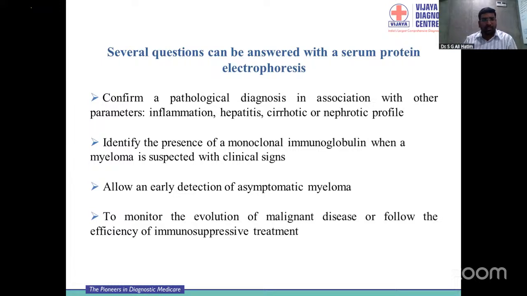So along with this electrophorogram, where we see monoclonal changes, we should have some clinical signs in the patient to say that the patient has multiple myeloma. It also allows early detection of asymptomatic myelomas, and to monitor the evolution of malignant disease or follow up the efficiency of immunosuppressive treatment in malignancy patients.